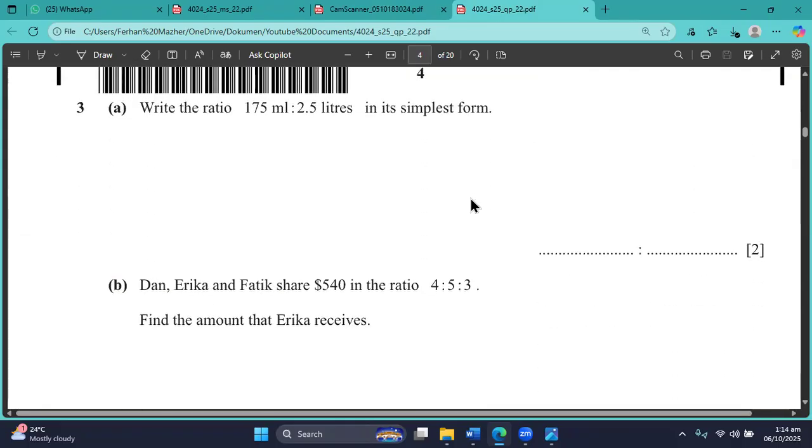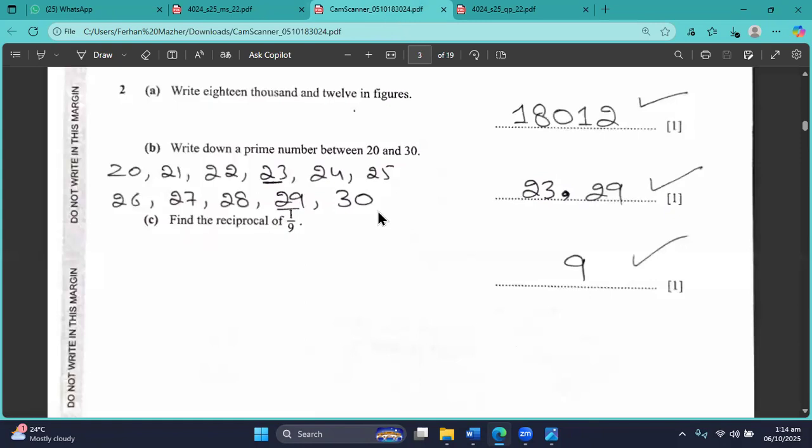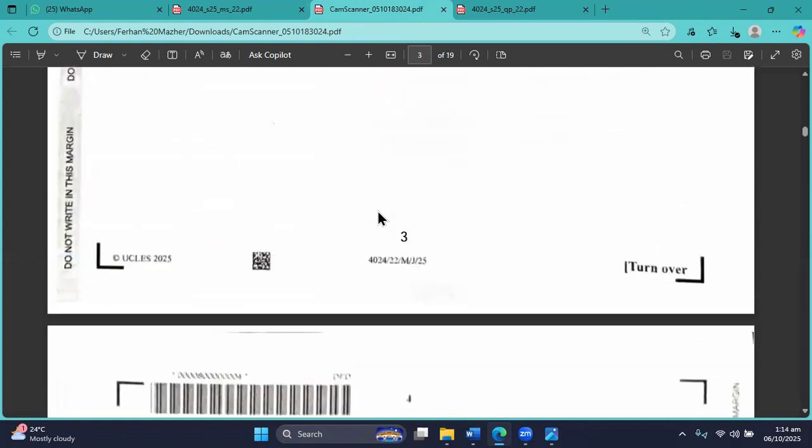That is question number 3 on your screen. He says, write the ratio 175 ml to 2.5 liters in its simplest form. If you want to simplify them, both quantities should have the same unit. So I will convert the liters into ml.